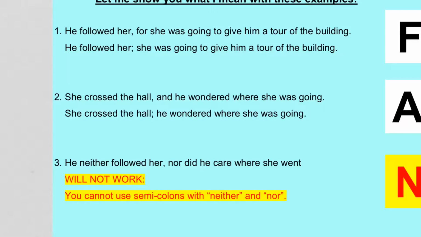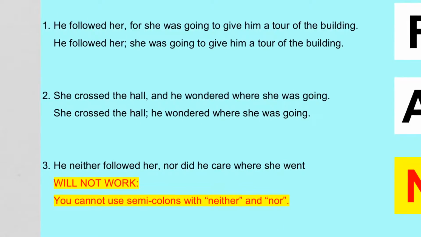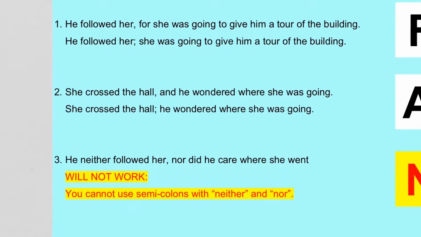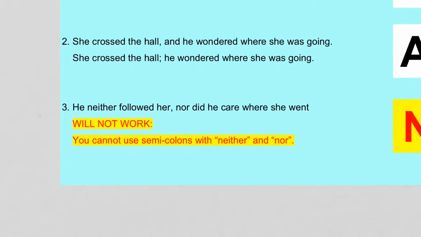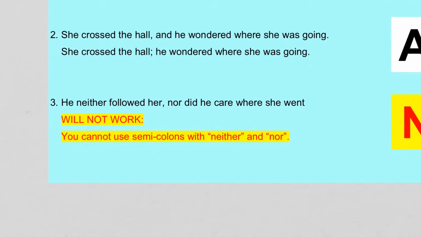So instead of having comma for, we could say, he followed her, semicolon, she was going to give him a tour of the building. In this case, the thoughts are related in the way that they need to be related. He follows her for a certain reason, and so that works really well. So we can put a semicolon in there.